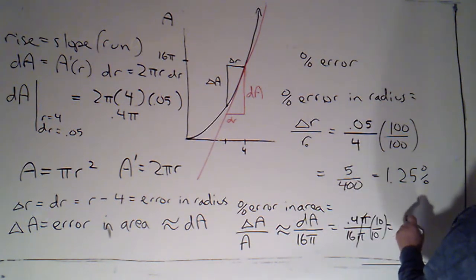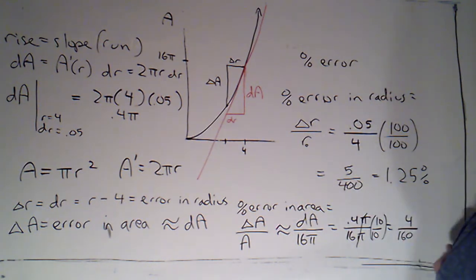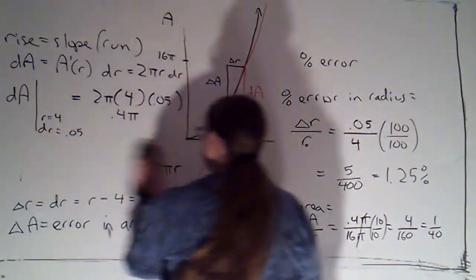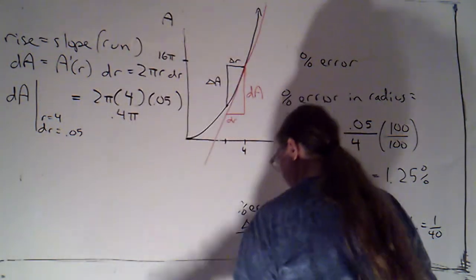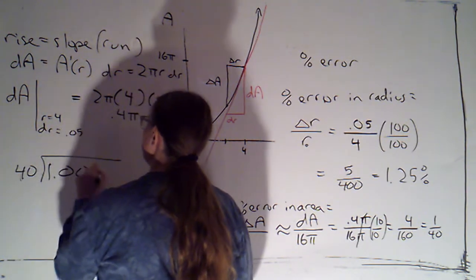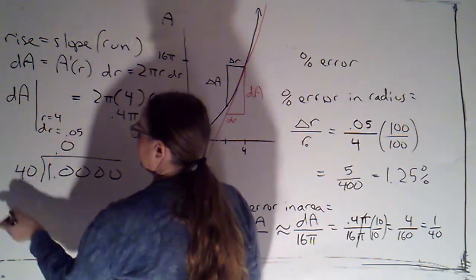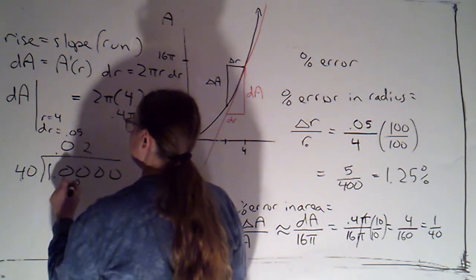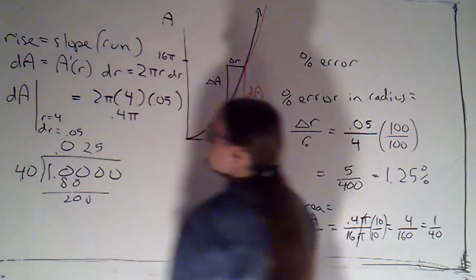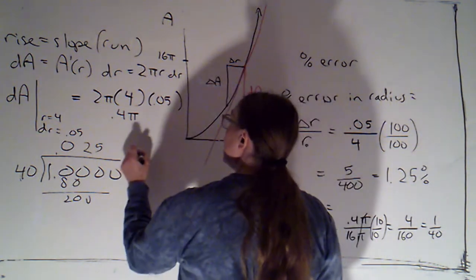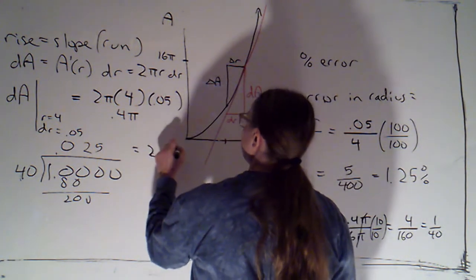So that's going to give me 4 over 160, which reduces to 1 over 40. Okay. And to get that to a percent, I can just do the division and then move the decimal. So let's see, 40 doesn't go into 10, it goes into 100 twice, and into 20 5 times. So we get 0.025, which is of course 2.5%.